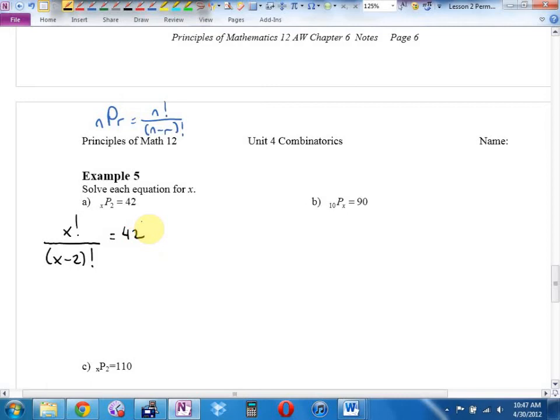Problem is there is no mathematical operations designed to deal with factorials. I have to somehow get rid of them. And I can. You know how, Steph? What's bigger, x or x minus 2? Start to expand that as x times x minus 1 times, oops, I'm going to stop here, x minus 2, because that's what I have on the bottom that I would like to cancel out.